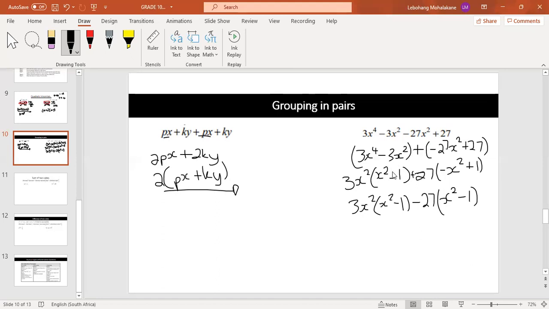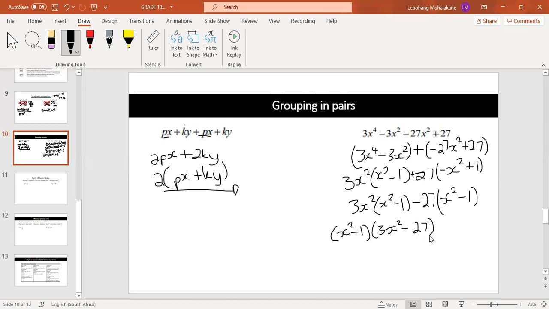Because as you can see, we have applied taking out a common factor, we have applied the sign change rule, and now we are taking out a common factor again, which is x squared minus 1 into 3x squared minus 27.